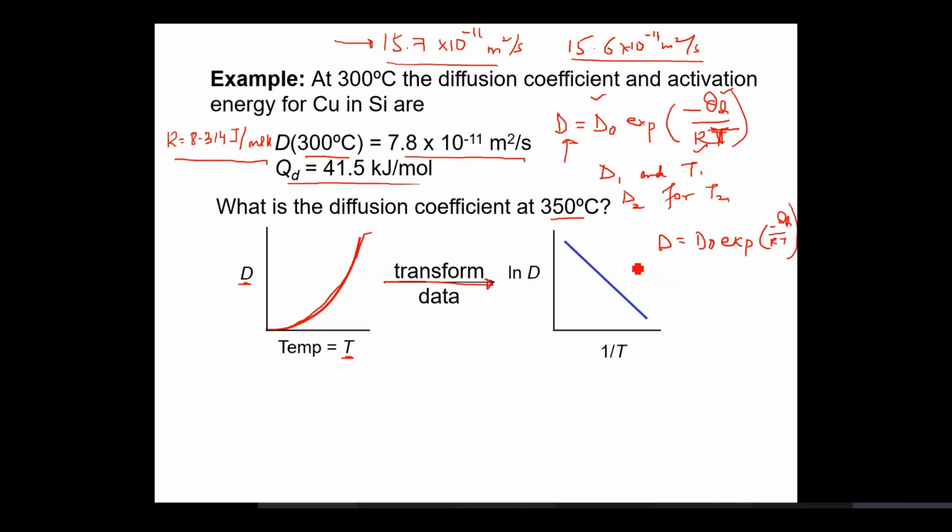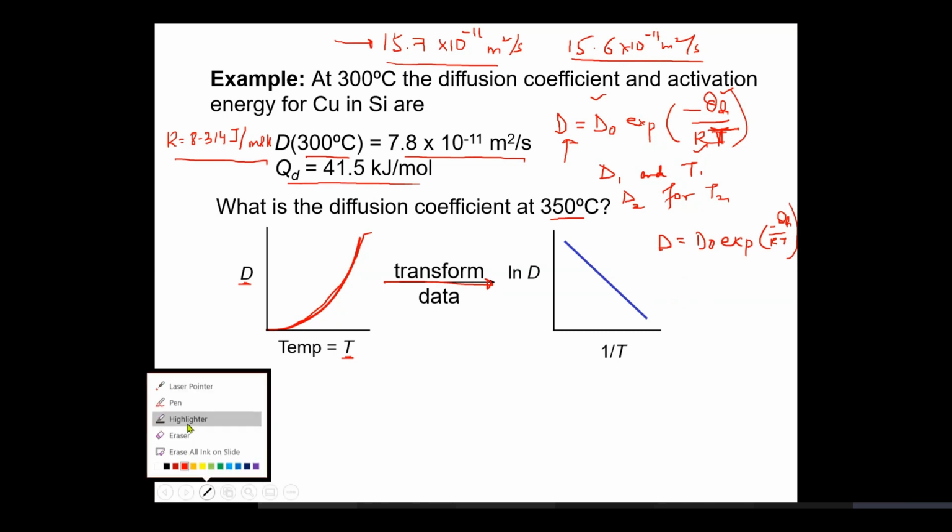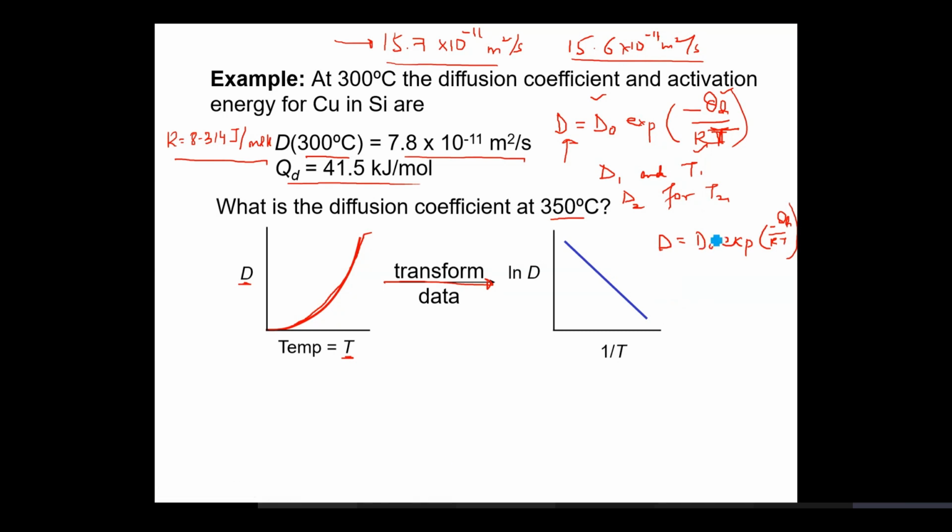If I take the natural log on both the sides, what I'll get is an equation which is something like this: ln D equals ln D naught minus QD over RT.